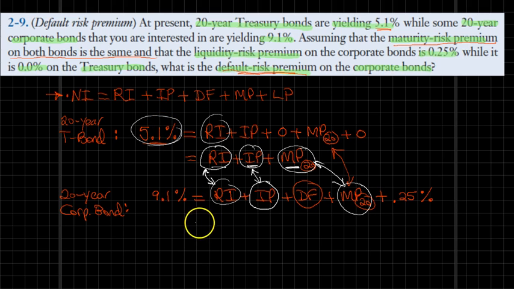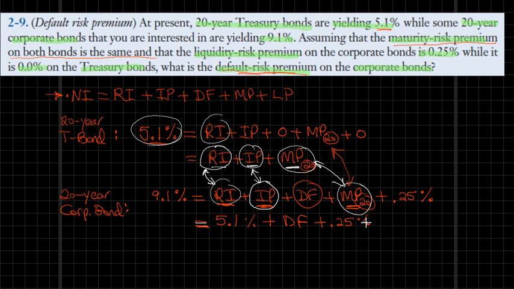So as we continue making our calculation, I will replace this plus this plus this with 5.1%, and all that is left on the right-hand side is the default risk premium and the remaining 0.25%.